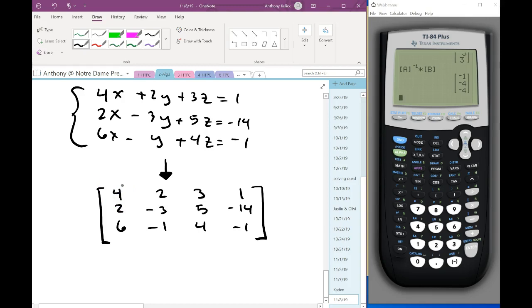Right, I've just taken everything from the same spot in the system and put it in the same corresponding spot in the matrix, right? So I have my x coefficients, my y coefficients, my z coefficients, and then my solutions all line up vertically just like they would for elimination. And now I'm going to do this Gaussian elimination.